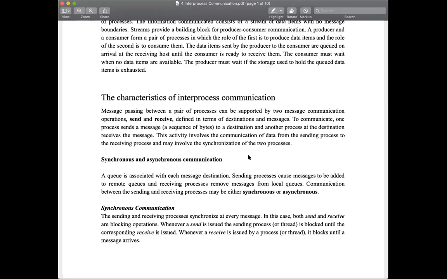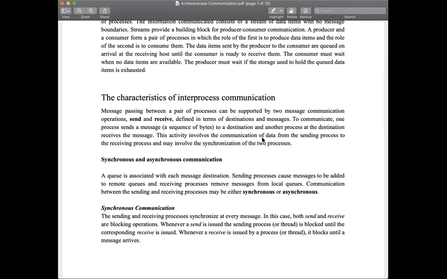In order to communicate messages between a pair of processes, the message communication operations are defined as send and receive. One process is sending something, and another process is receiving that information. That's interprocess communication.